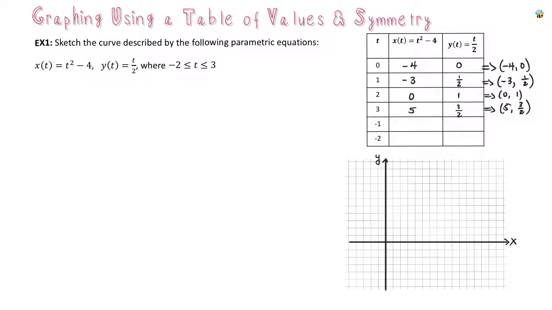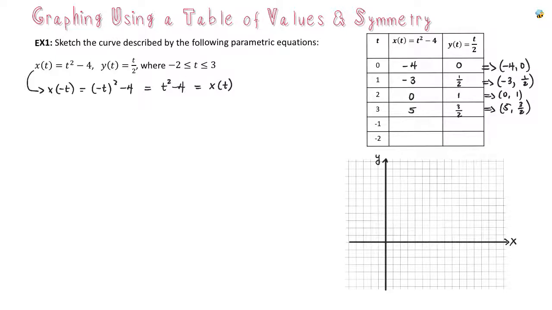For example, imagine that I consider negative t and I plug this in the expression for x. So I have x of negative t equals negative t squared minus 4. This equals negative t squared minus 4, and immediately I notice that this became the same thing as x of t.